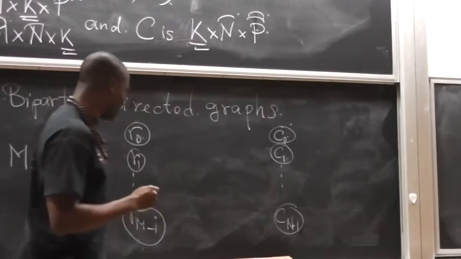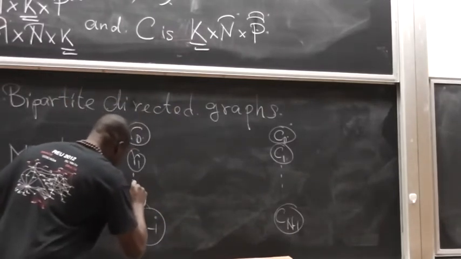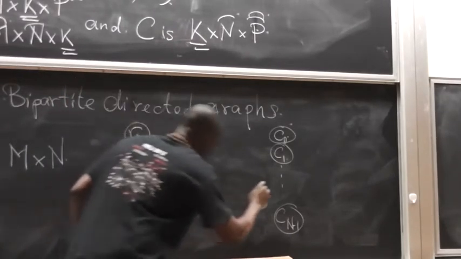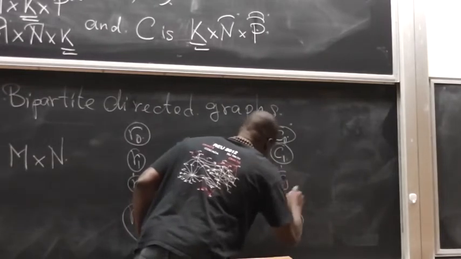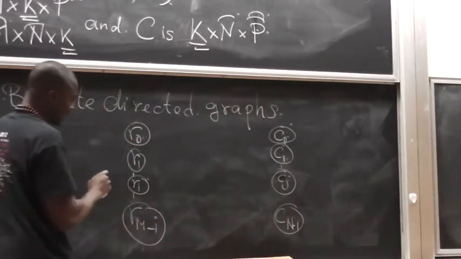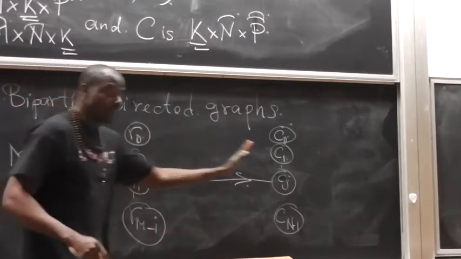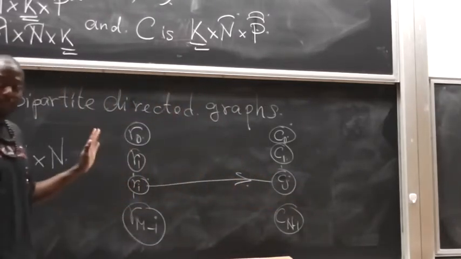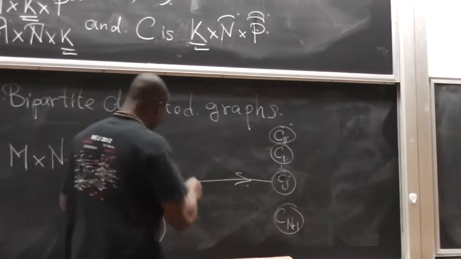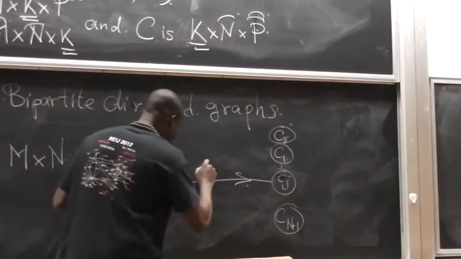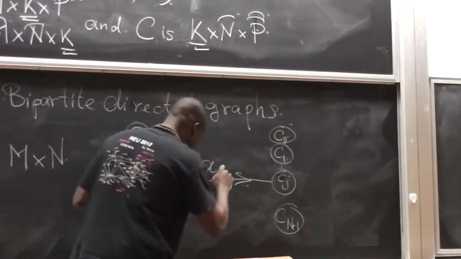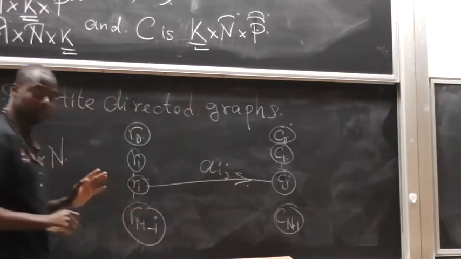And every entry of the matrix, let me write here Ri, let me write here Cj, is an edge which goes from the rows to the columns. So this is a complete bipartite graph, and the edges going from R to C are labeled by entries of your matrix. So this is entry ij.